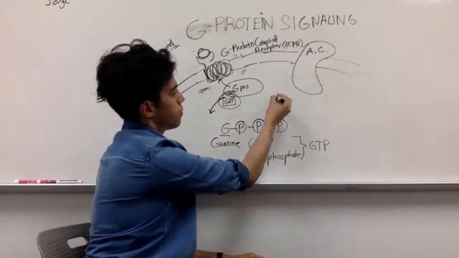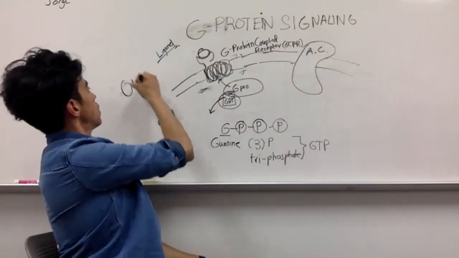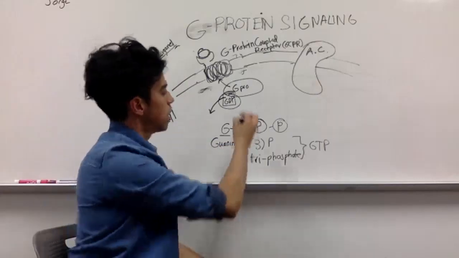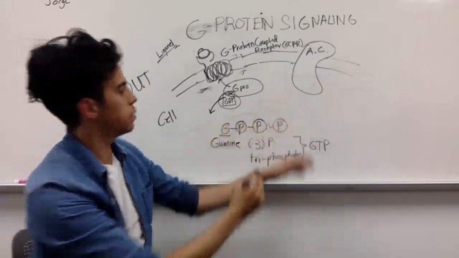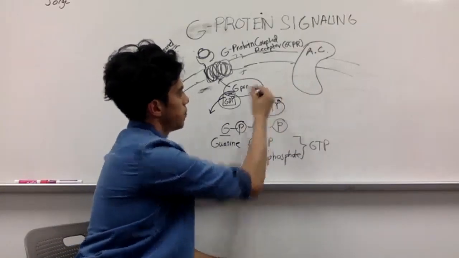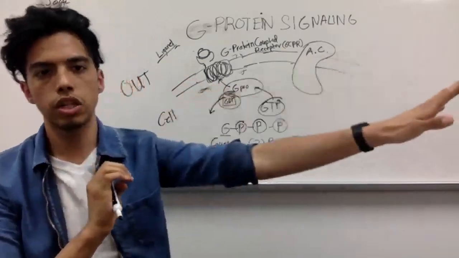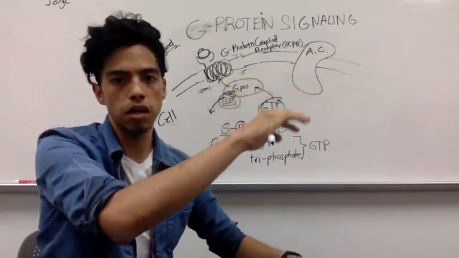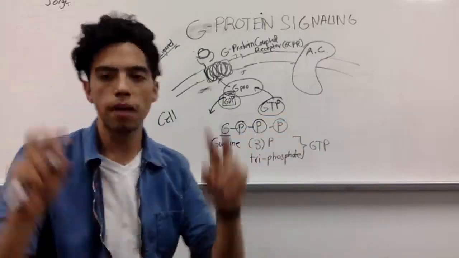And then from inside the cell, right? Because this is inside the cell. Somewhere in the cell, it's going to find a GTP molecule that's just lying around, and it's going to take it up. Now, because it's removing a GDP and taking in a GTP, it's going to become activated, right?